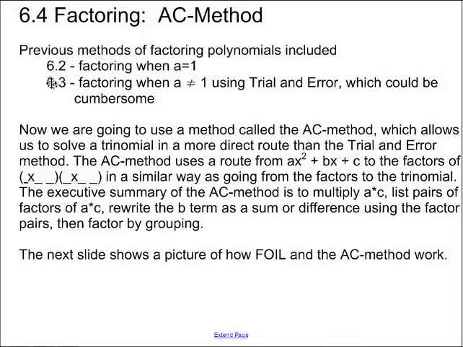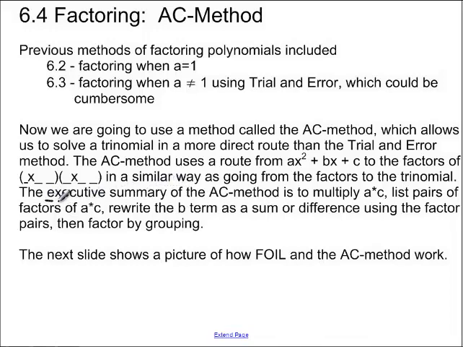We talked about 6.2 and 6.3 in the previous slide. Now we're going to talk about the AC method. It works in a similar way as going from the factors to the trinomial.